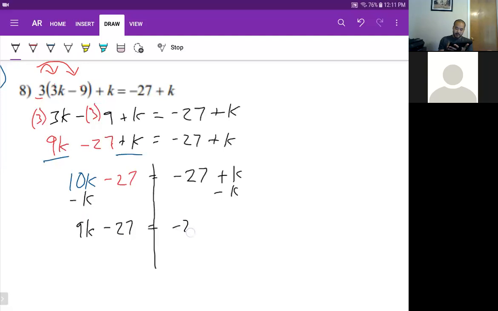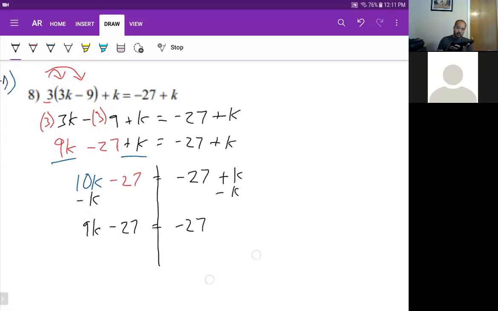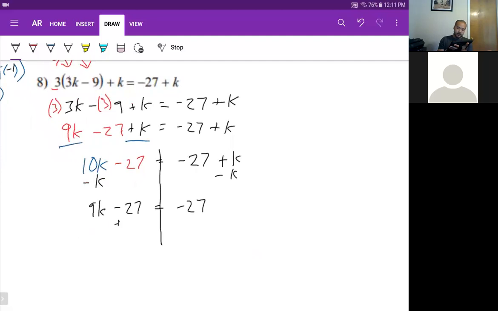Then 27 plus 27 is 54. So plus 27, plus 27, you get 9k equals 54. Oh wait, what am I doing? That's 0. k equals 0.